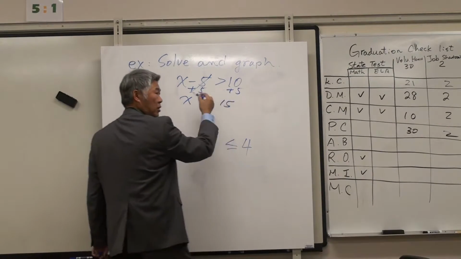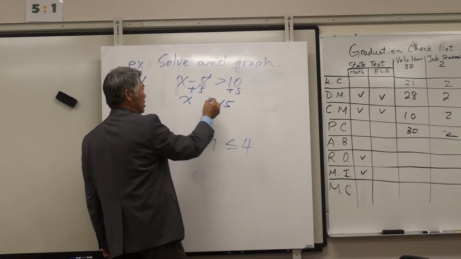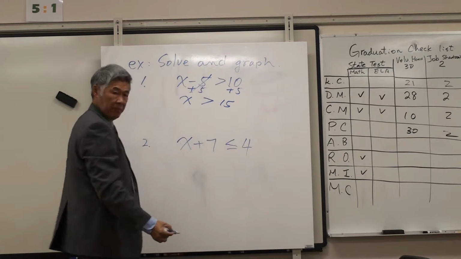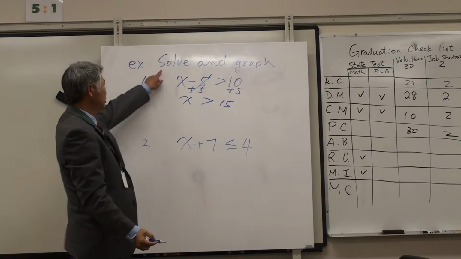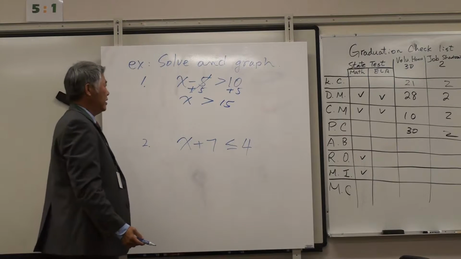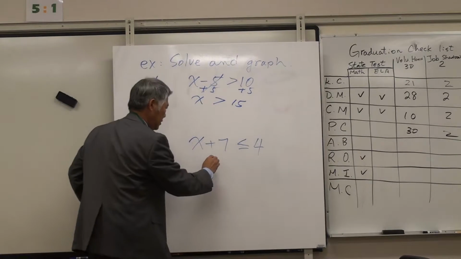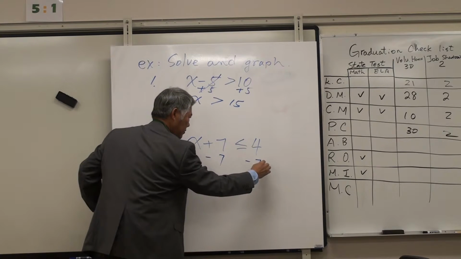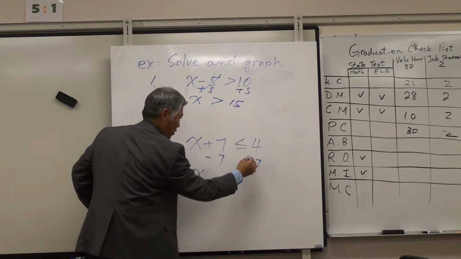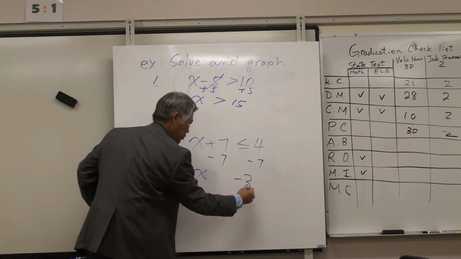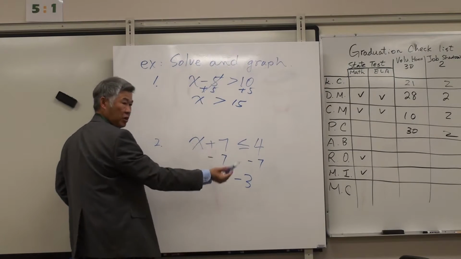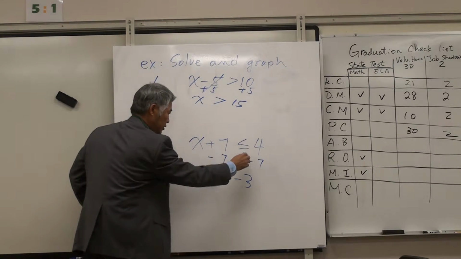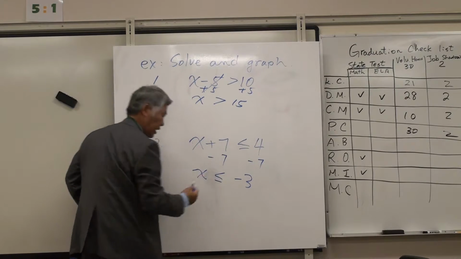Since we didn't multiply or divide by a negative number, the symbol stays the same. That's how you solve. For this one, the opposite operation is minus 7. So x is less than or equal to negative 3. Again, I didn't multiply or divide by a negative number, so this symbol stays the same.